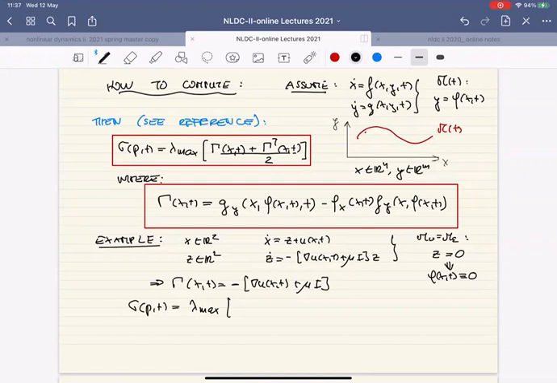I just follow the recipe here: minus S(x,t) plus mu I, and this is S, where S is grad u plus grad u transpose divided by 2.